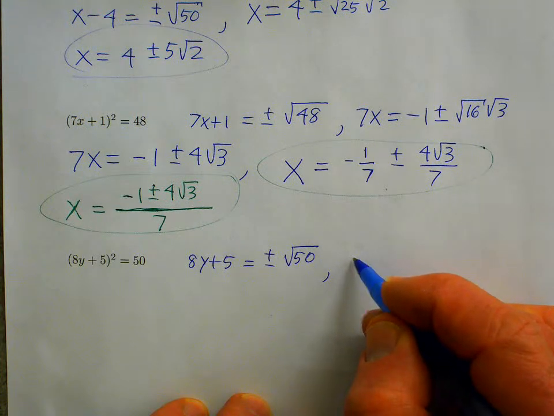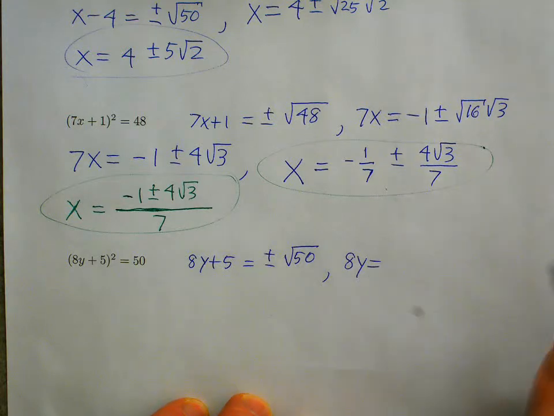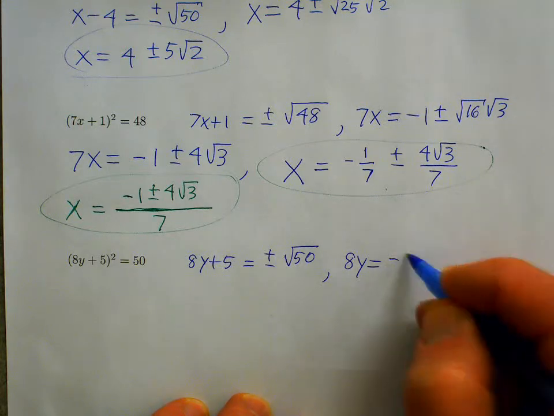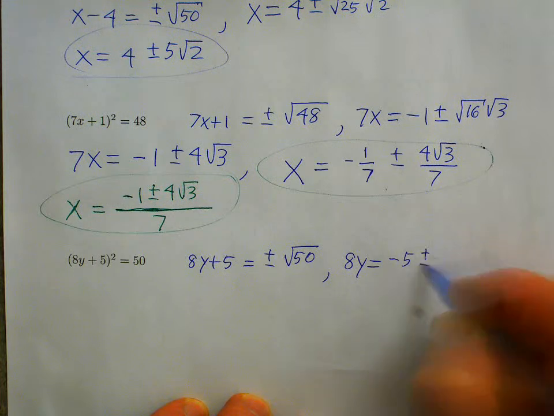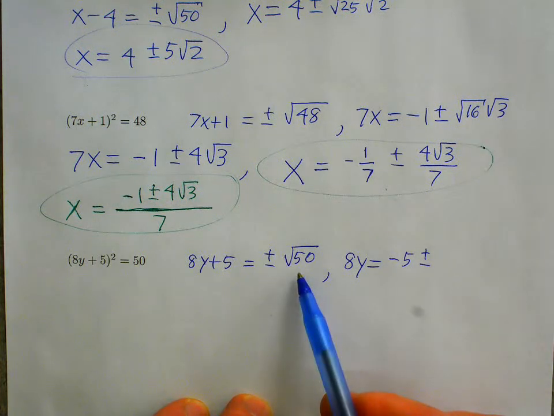In the next step, we'll do two things. We'll subtract 5 from both sides and write it as negative 5 plus and minus. And then we'll begin simplifying the square root of 50.